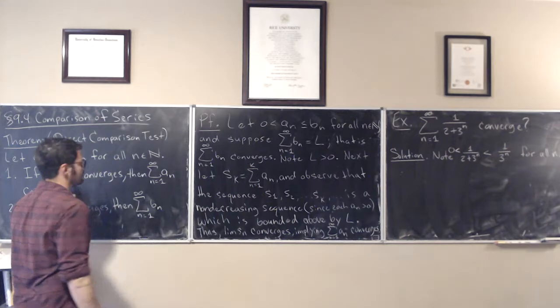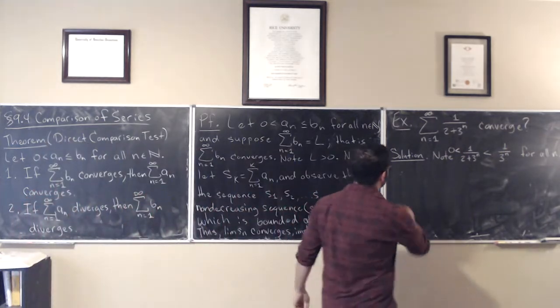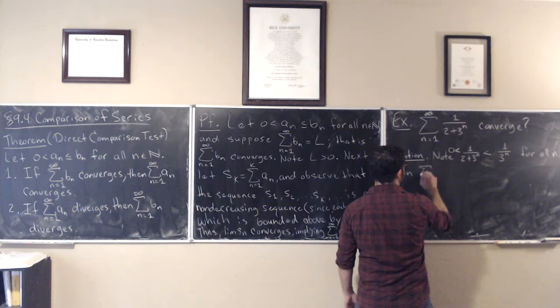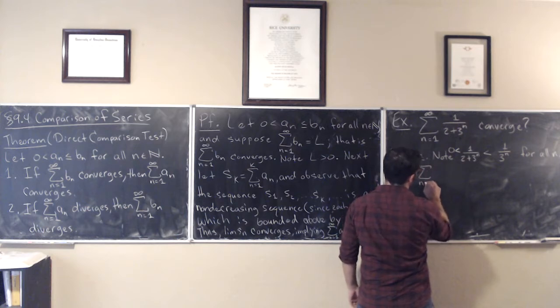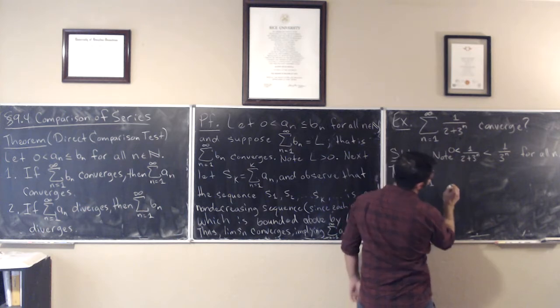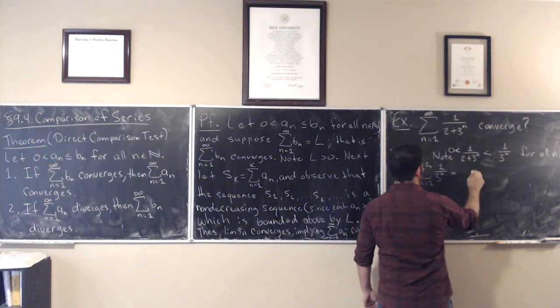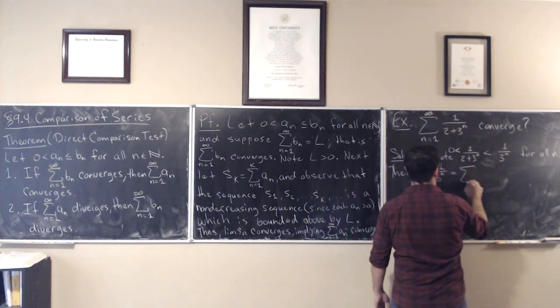Now if we look at the infinite series from n equals 1 to infinity of 1 over 3^n, this is the geometric series in disguise.